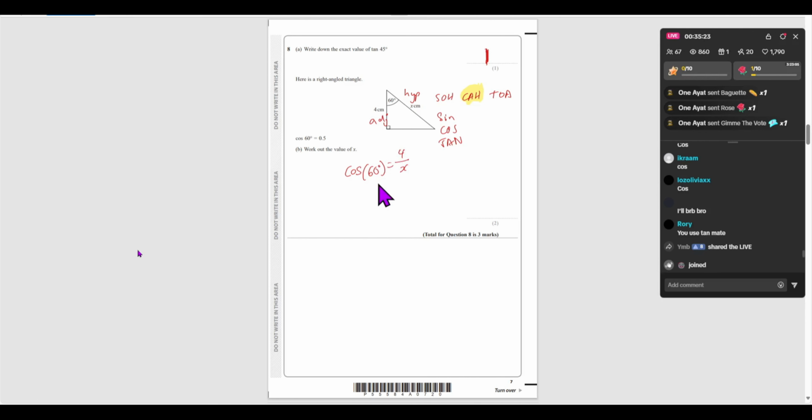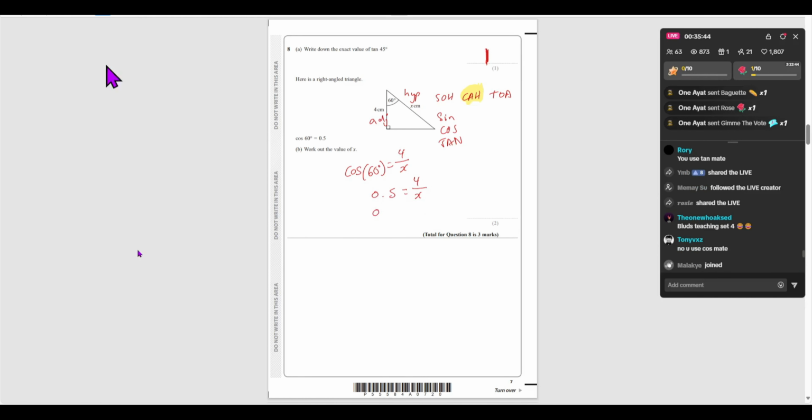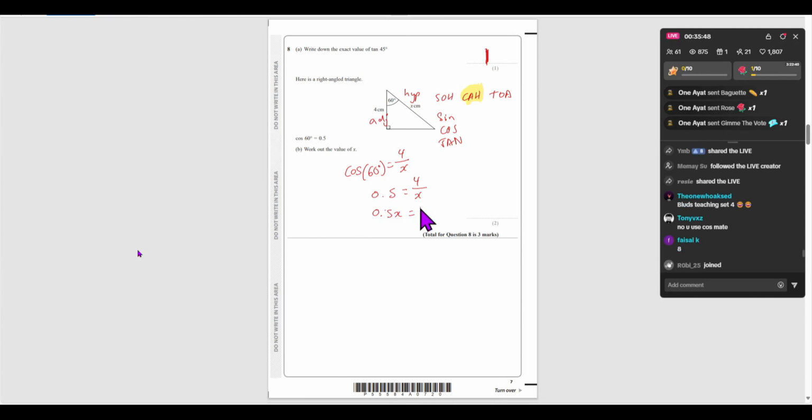We know that cos 60 is 0.5, so we put 0.5 is equal to 4 divided by x. Then you multiply by x to get rid of this, so you get 0.5x is equal to 4, and then you divide by 0.5 and you get x is equal to 8. The answer is 8.